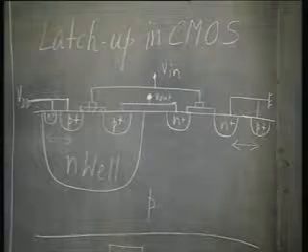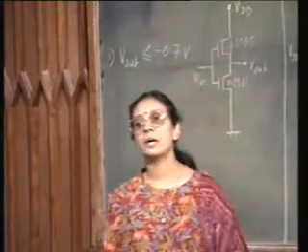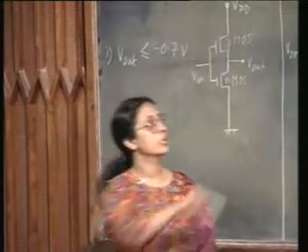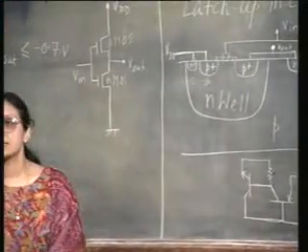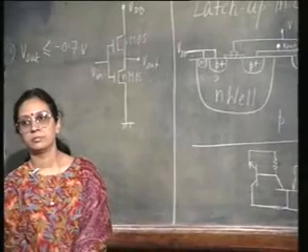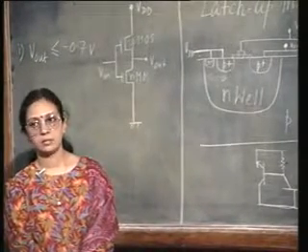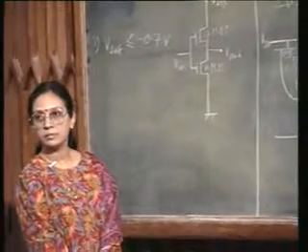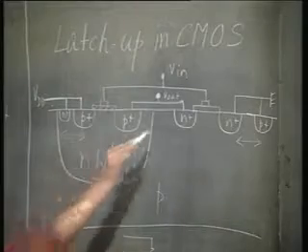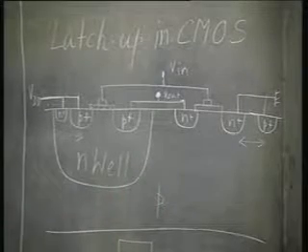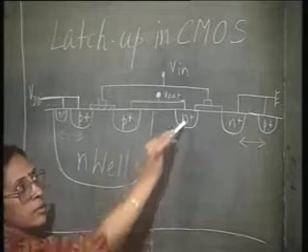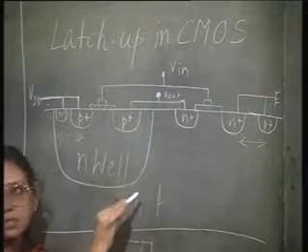So, what is happening? Once, just once, the voltage at the output point has fallen below the ground potential by 0.7 volts, right, only once. That is enough to start a chain reaction, because this p-n junction is forward biased, the emitter of the NPN transistor starts injecting electrons.